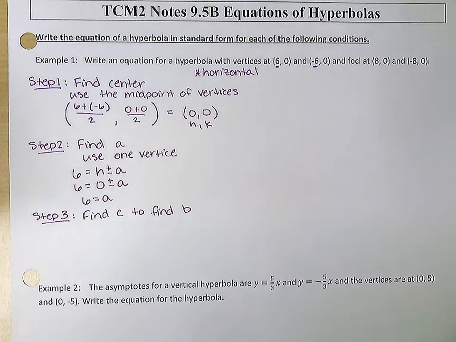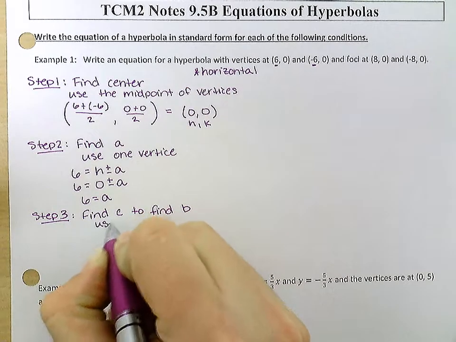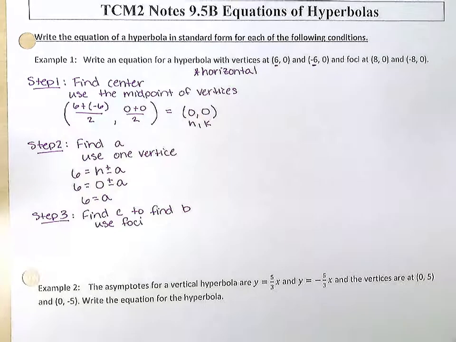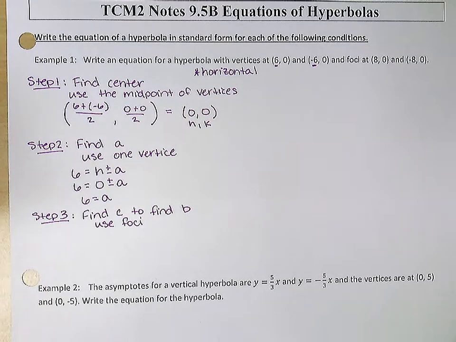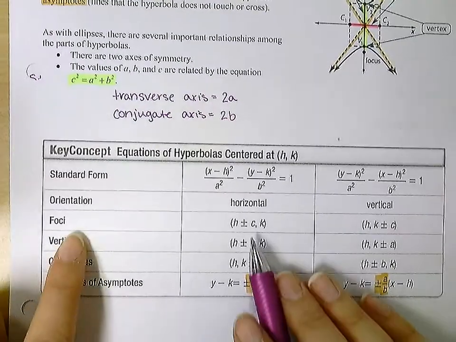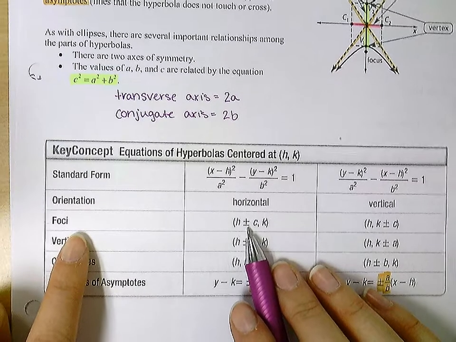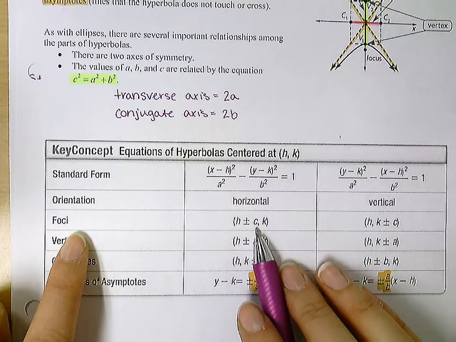Okay, and we're going to use a foci point. So when you're given a foci point, you have to use c to find that point. So again, if you look at that chart, for a horizontal hyperbola, our x value for the foci point is at h plus or minus c.